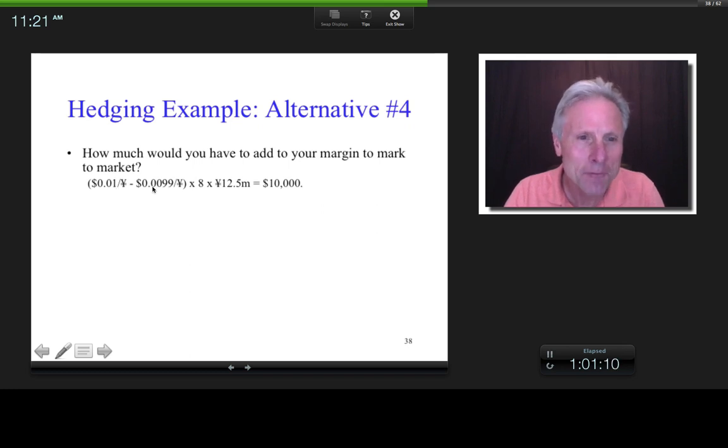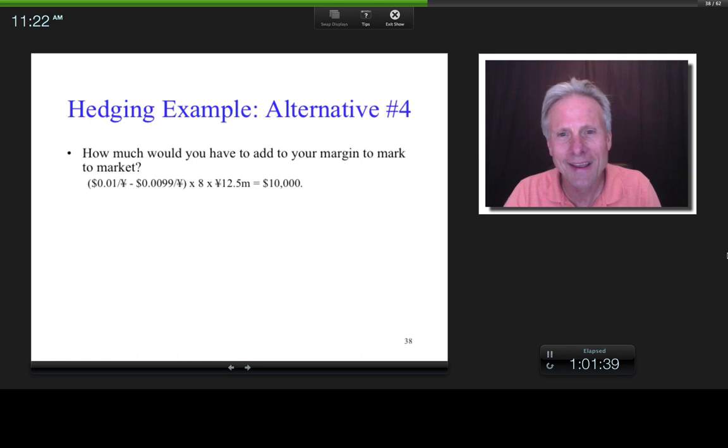The very next day, the futures price, not the spot, went to my disadvantage because the futures price of the yen had unexpectedly appreciated or depreciated? Depreciated. So this difference is like the $100 and the $80 in my IBM example. The amount I've lost is applied to 100 million yen, so in one day, I lost $10,000.